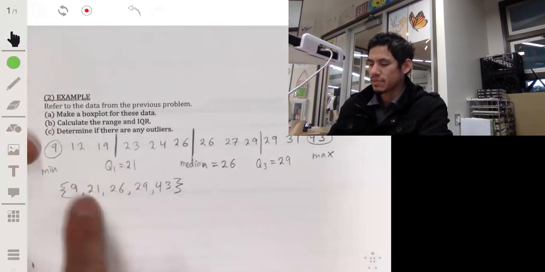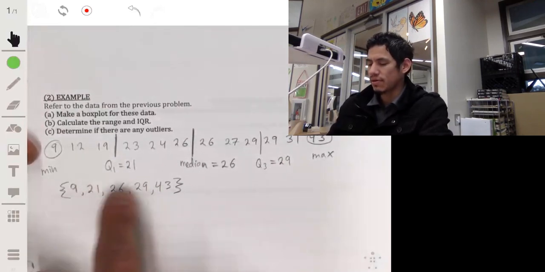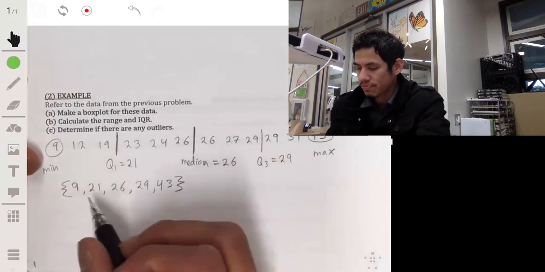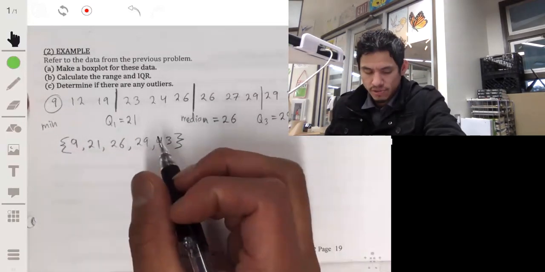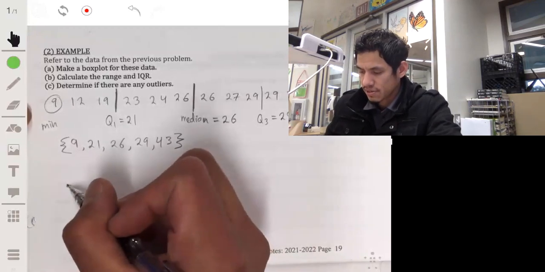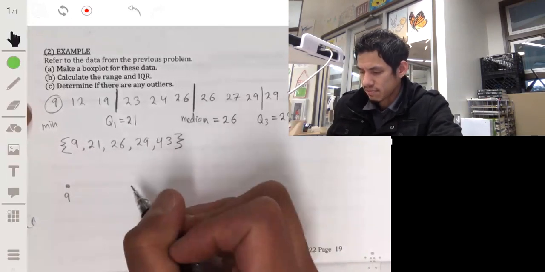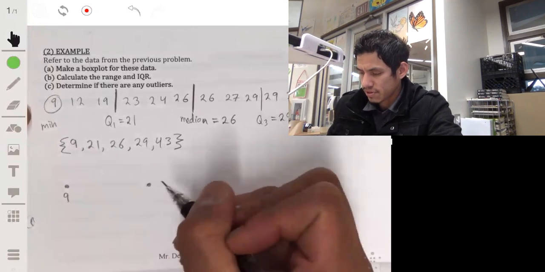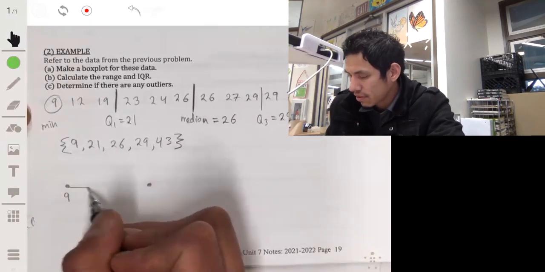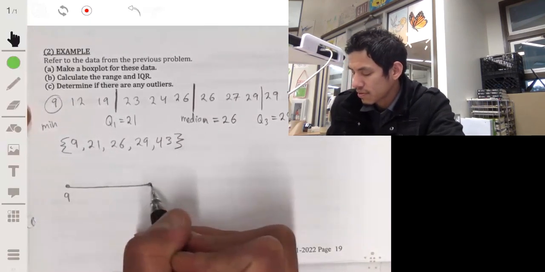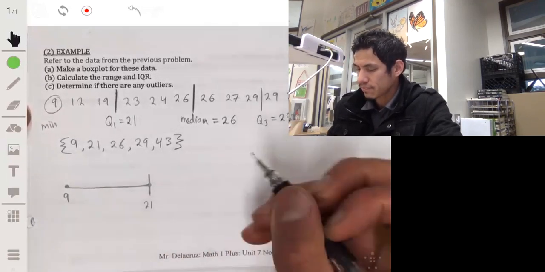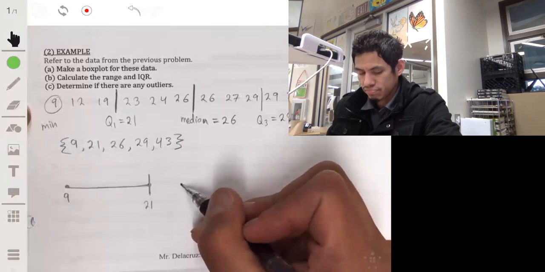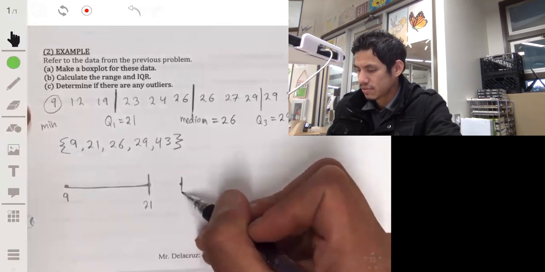So we can make a box plot around the middle values. We'll do our best to scale it appropriately. So we're going to go from 9, and we'll maybe say 21 is over here. So we'll draw a line to 21. 26 is maybe like here.